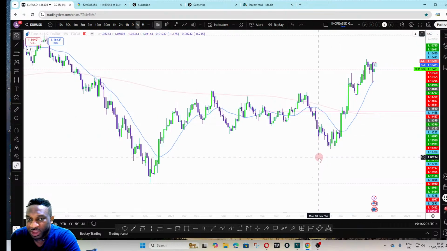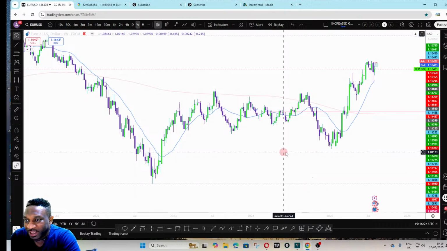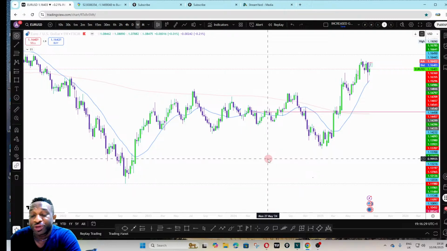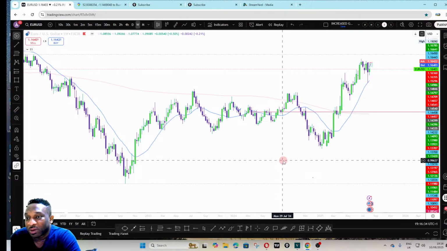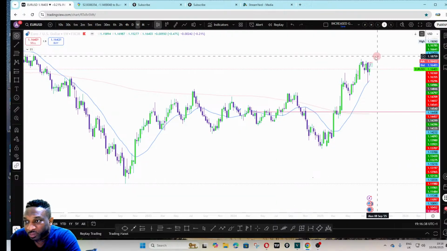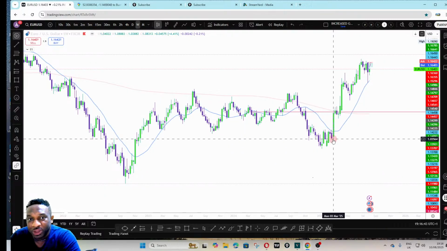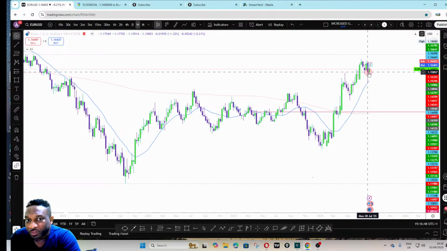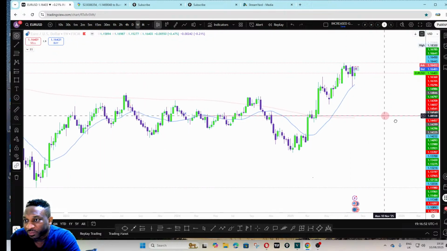So just using the DSY as an example, we need to be checking what the DSY is doing before we take any trade on any dollar pair. That will help us to get our bias right, or the direction that we want to be trading right. So as we can see on the weekly on the Euro USD, it's on an uptrend, but we can see that it got to this point and then pushed down again.